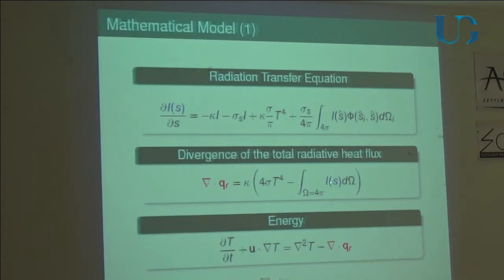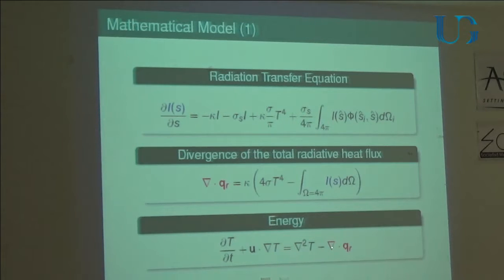Essentially, it will be the integral of the intensity, which I assume I can calculate if I integrate this equation. Then I just plug it in here, and I hope that you are familiar with this equation: the time derivative of temperature plus the convective term is equal to the diffusive term minus the source term.